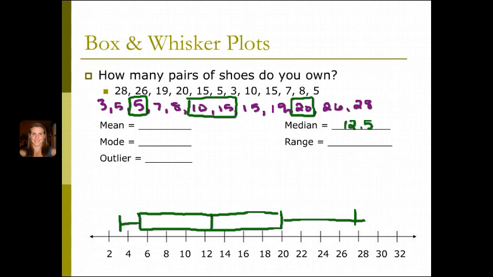However, we still need to find the mean, mode, range, and outlier. So add up all those numbers and then divide by 12. So we get 161 divided by 12, which gives us an average of 13.42.